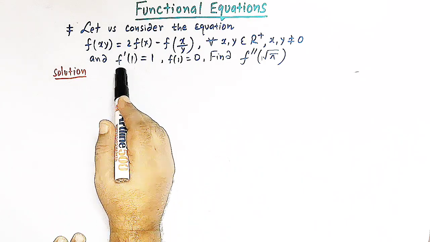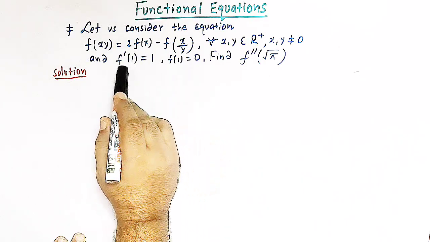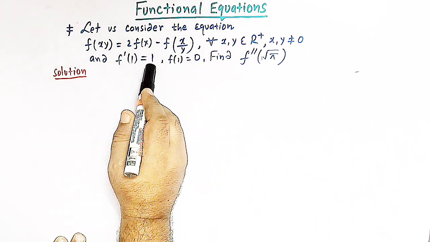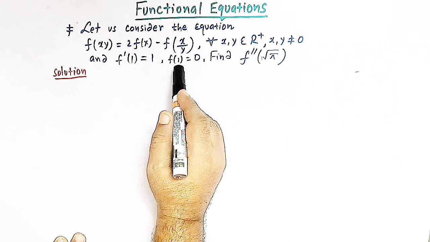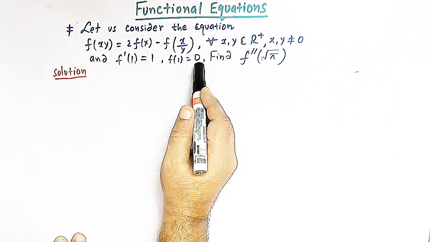Two conditions are also given, that is f prime of 1 is equal to 1 and f of 1 is equal to 0.